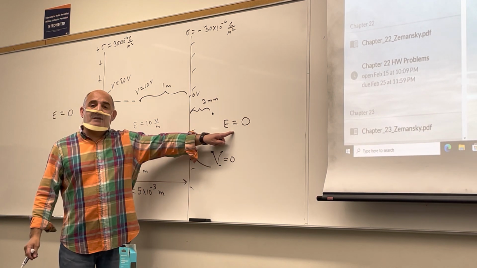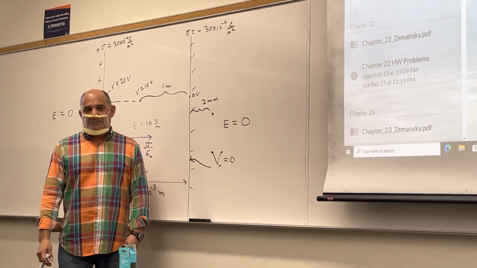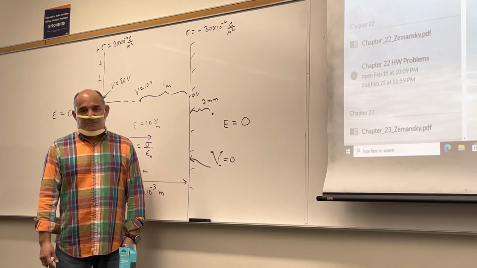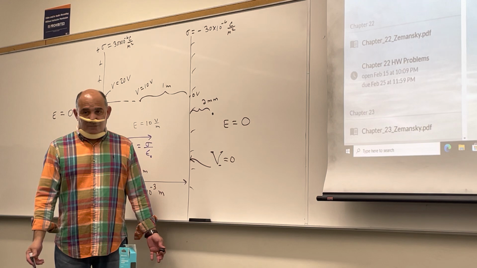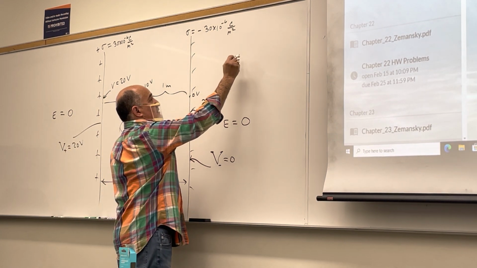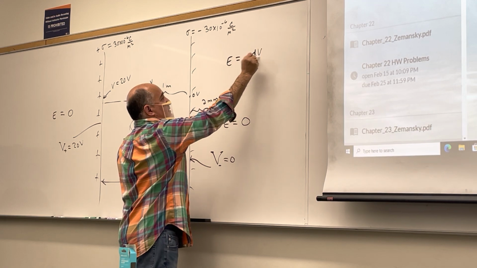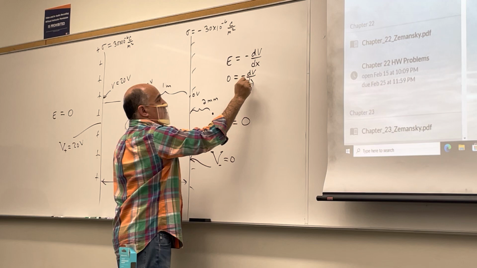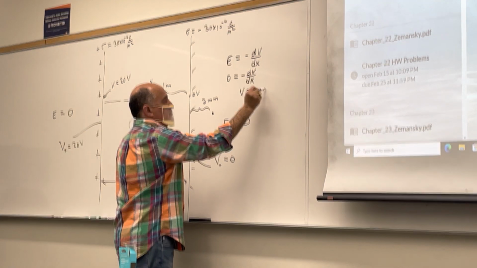And if the electric field is 0, what can you say about the electric potential? It's constant, right? E is minus dV/dx. If this is 0, then V has to be constant.